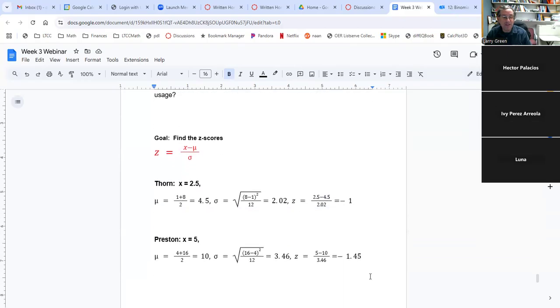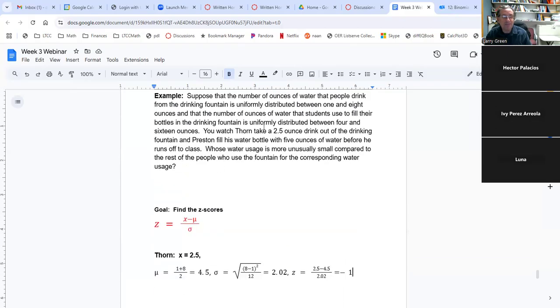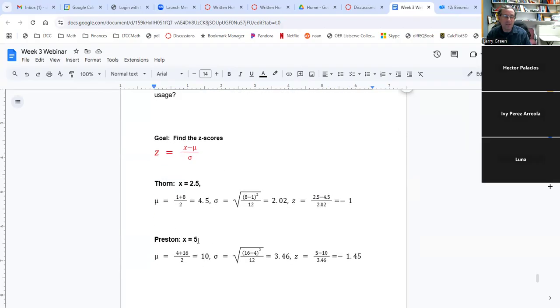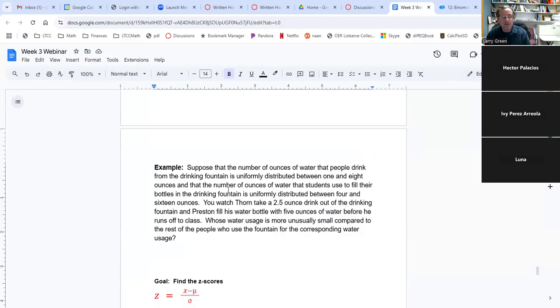Okay, then we're going to do Preston. Same idea. Preston filled his water bottle with 5 ounces of water. So that means Preston's X was 5. For water bottles, it was uniform between 4 and 16 ounces.